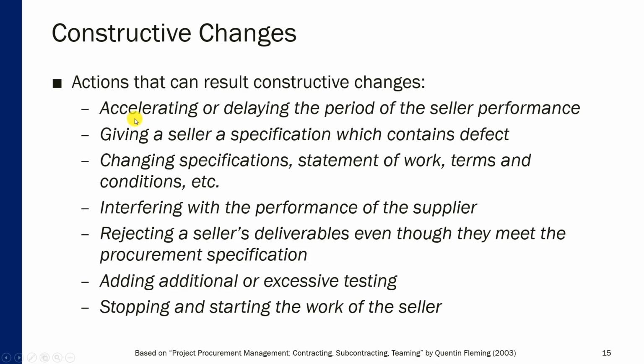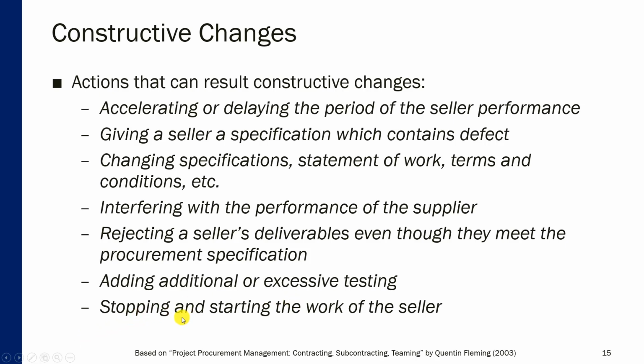So here we have examples of some actions that can result in constructive changes on the seller side: accelerating or delaying the period of the seller's performance, giving a seller a specification which contains defects, meaning an inaccurate specification, changing specification, statement of work, terms and conditions, etc., interfering with the performance of the supplier, rejecting a seller's deliverables even though they meet the procurement specifications, adding additional or excessive testing, stopping and starting the work of the seller.